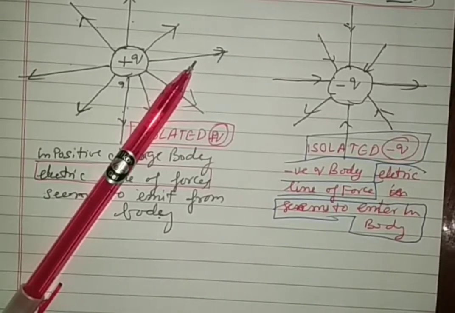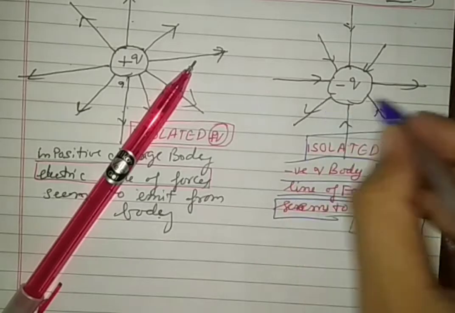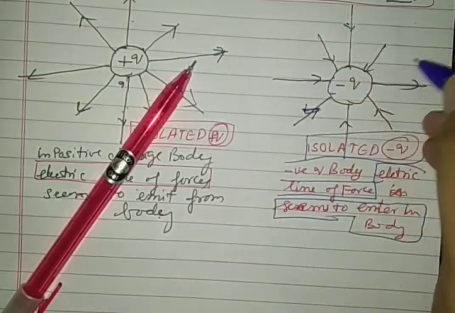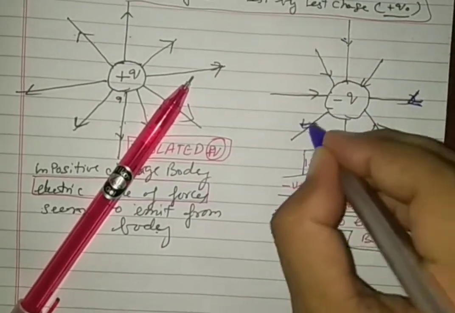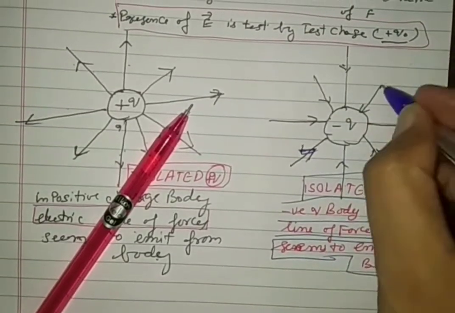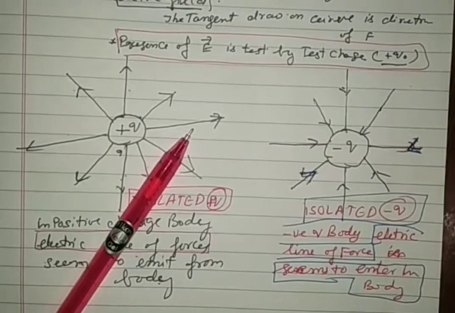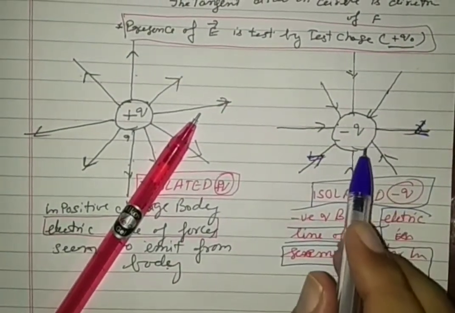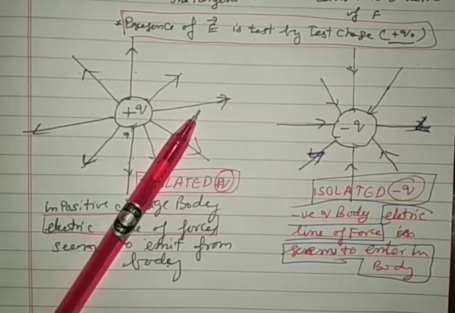This enters in a body. See in the diagram, it seems to enter the body from all sides. See these two arrows change the direction. All these arrows seem to enter it. So it is assumed that in the space around it, there are electric lines of force available in isolated charged bodies.